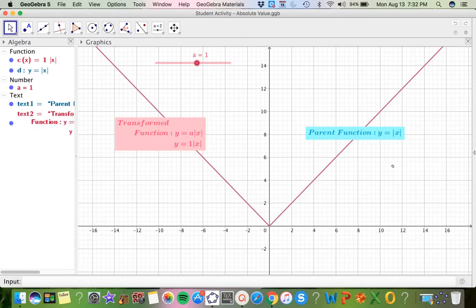Alright, so now I have my absolute value function. So again, it's set right now at a being 1, my parent function of the absolute value. And your job is to do, with both functions, totally up to you, is to see if you notice a pattern. So if I increase a, what happens?